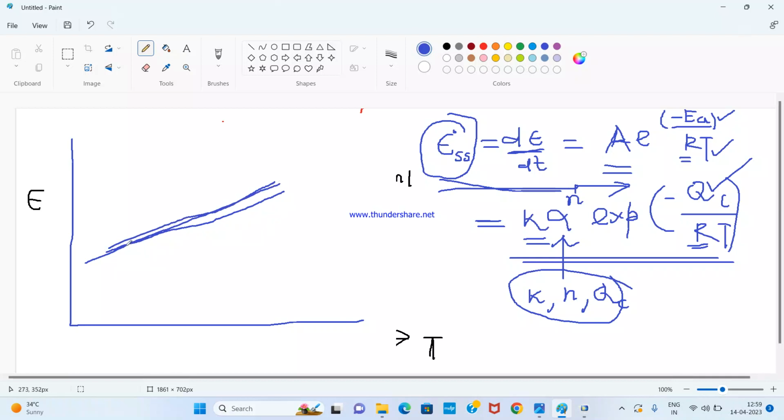And if you find this curve and get this angle, then that is my strain rate, the change of strain with respect to time.